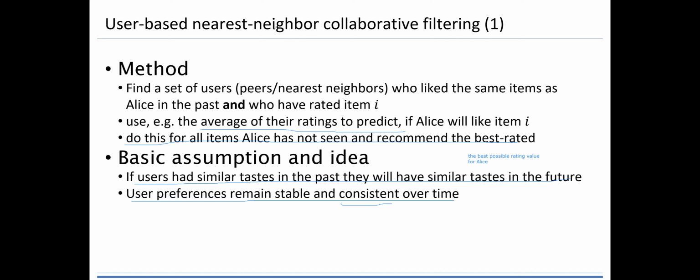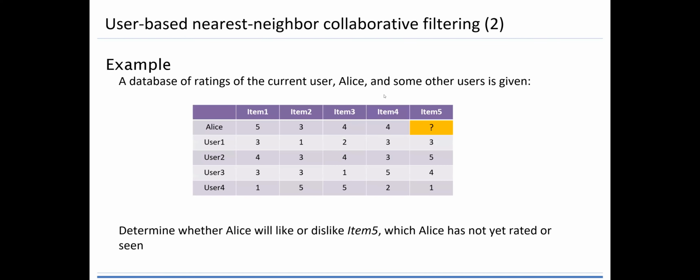Okay. So the example that we have before is this one. We assume that we have a database of ratings of the current user, and we assume that there is no missing value. Okay, this is very good data.